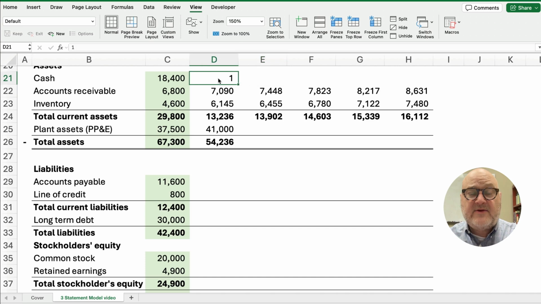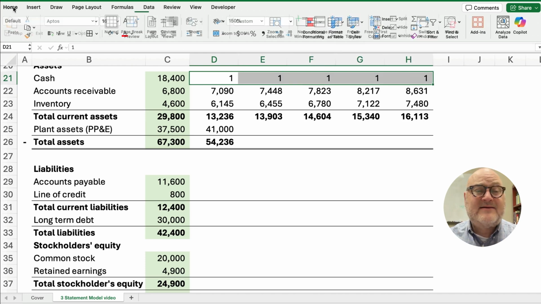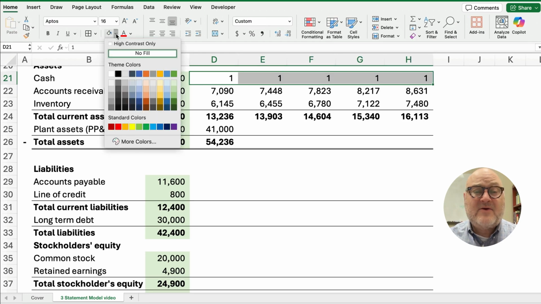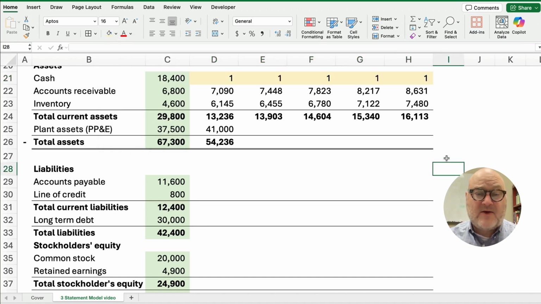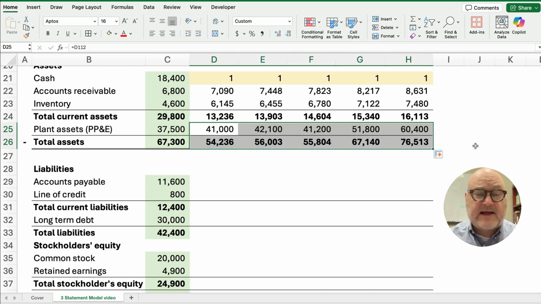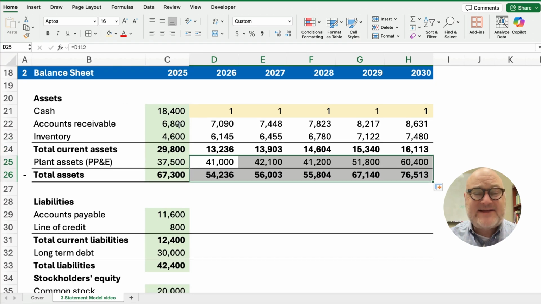You can see that includes that $1, $1, $1, $1. Okay? And so therefore I'm going to highlight that in that yellow color, whatever it was, slight orange, yellow, marigold, whatever you prefer. And we're going to finish up the assets part here, doing it like that. All right, so now we have our assets functioning correctly.